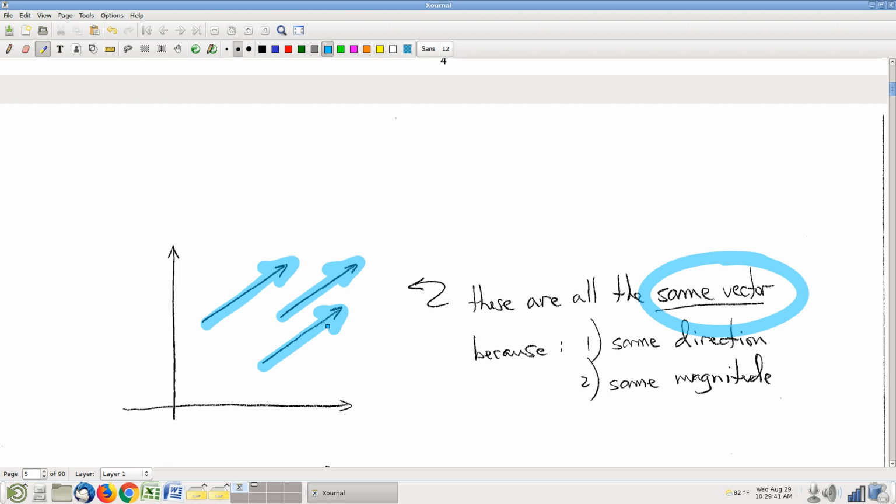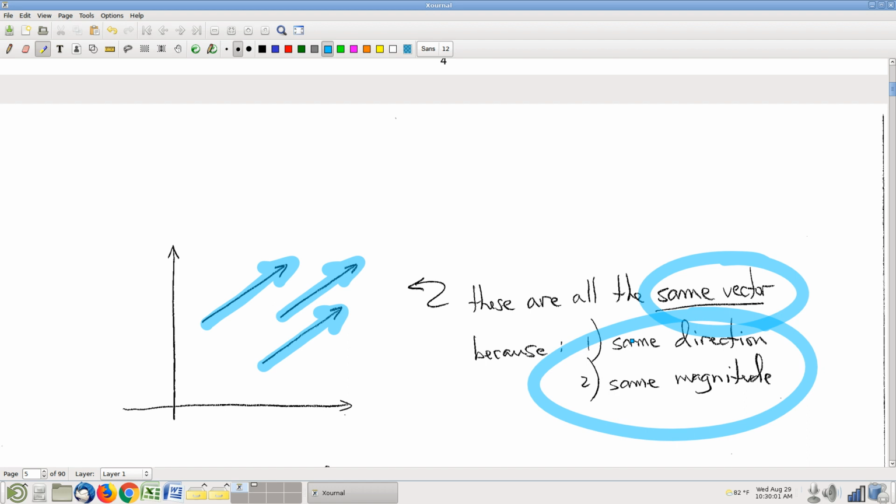So if you think about it, these 3 arrows have the same direction. Forgive my imperfect drawing. But they're pointing in the same direction. They have the same magnitude, length, as I've drawn them. So they are representing the same vector. Everybody see what's going on there?